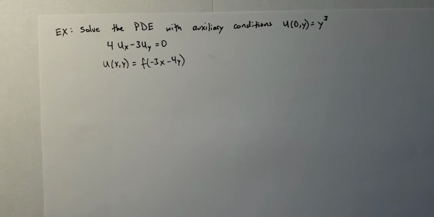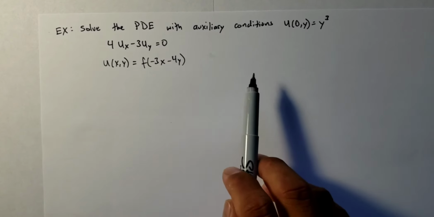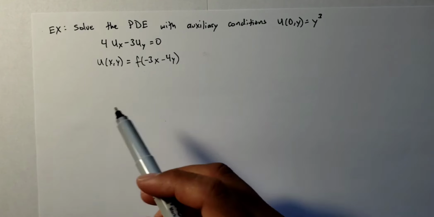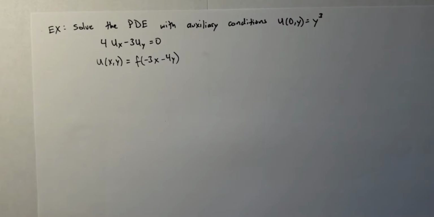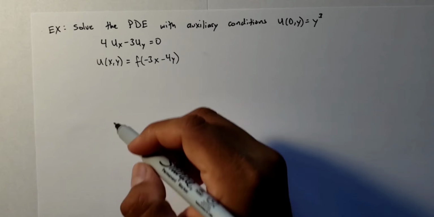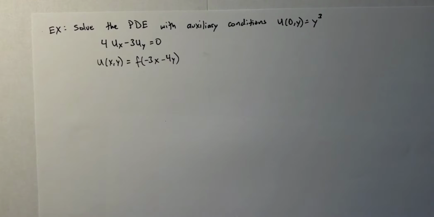From here, you can do two things. You can go ahead and find the solution using some function of negative 3x minus 4y, or you can use the technique where you factor out a negative and find a new function. I'm going to do it both ways just so you can see you get the same result, but it's actually easier if you factor out a common factor.